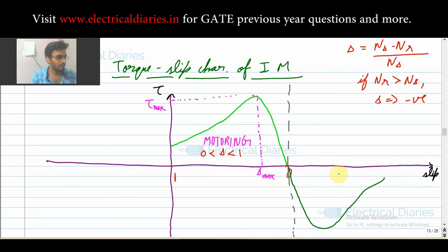Here the slip is negative, as I have already told you, so it will be greater than -1 and less than 0. That is the logic.